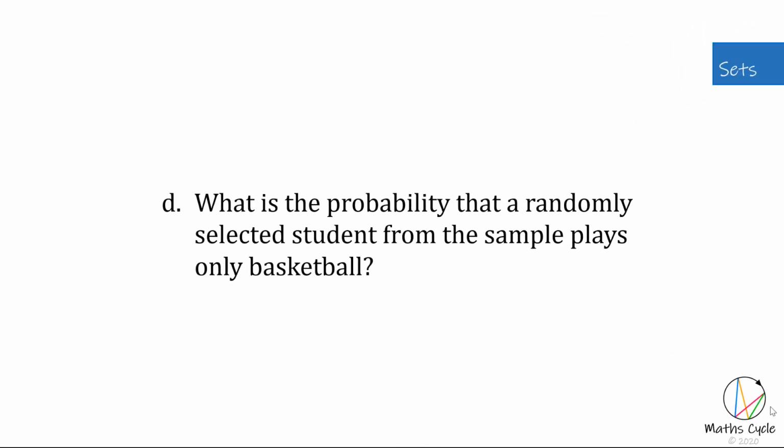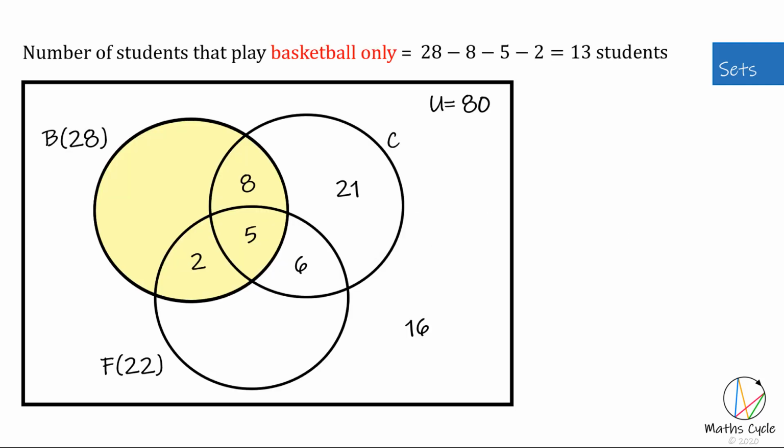Okay, so then part D is, what is the probability that a randomly selected student from the sample plays only basketball? Okay, so the number of students that play basketball only, we have to focus on the basketball circle, which is the yellow one. We know there's 28 in total, and we already know that we have 8, 5, and 2 students accounted for in this circle.